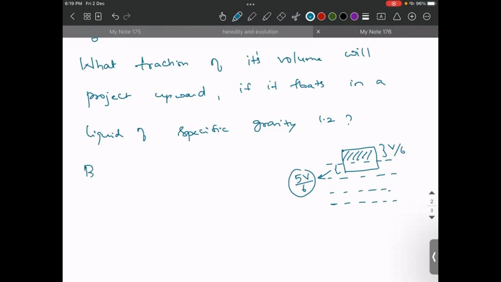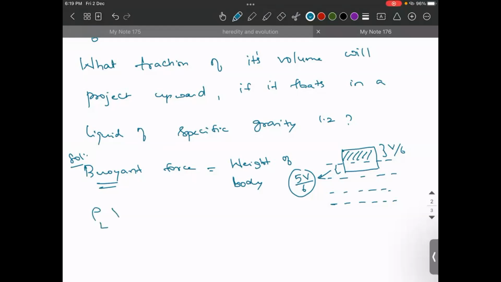So we know that buoyant force is equal to weight of body, right? So what is the buoyant force?